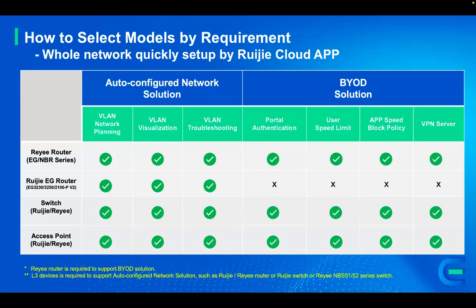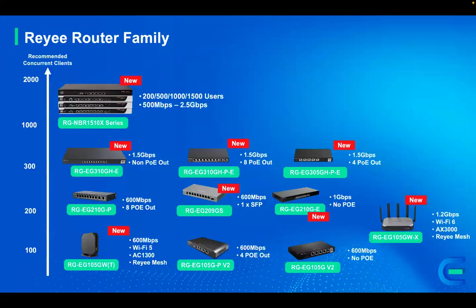You can get this on our Reyee and NBR series routers. On our Reyee routers like the 2100, you can also configure portal authentication, and you have these features too. Reyee switches all support this. Access points also support captive portal and everything. So this is our Reyee router family.